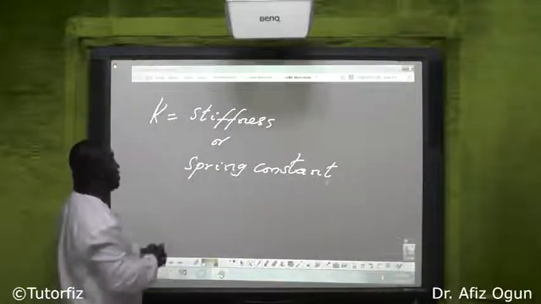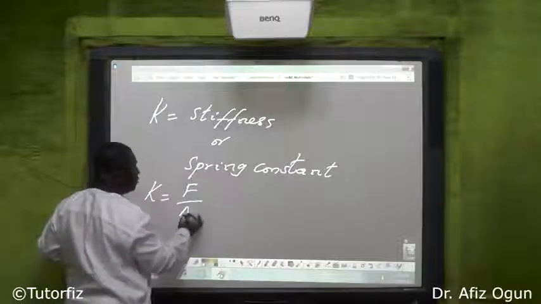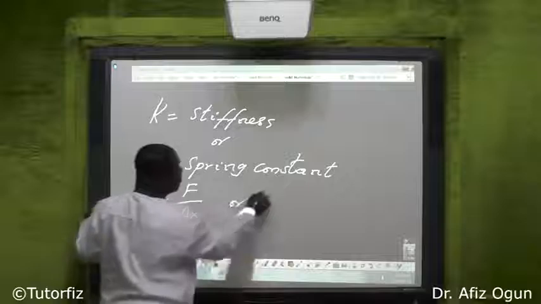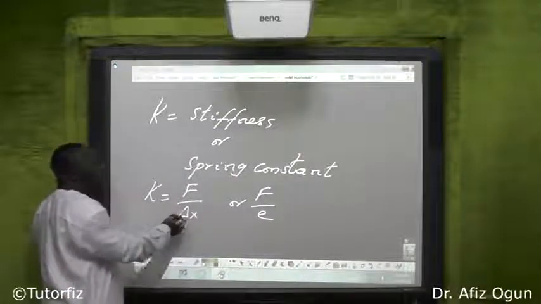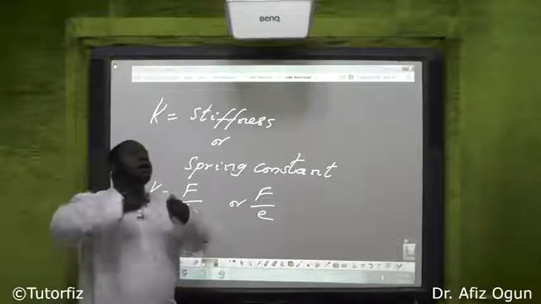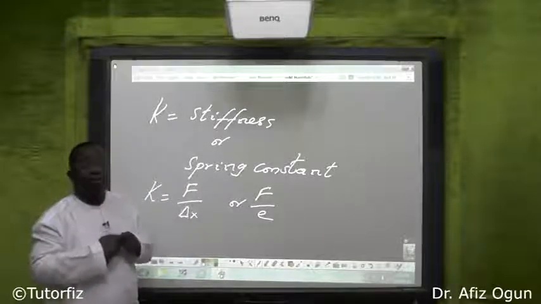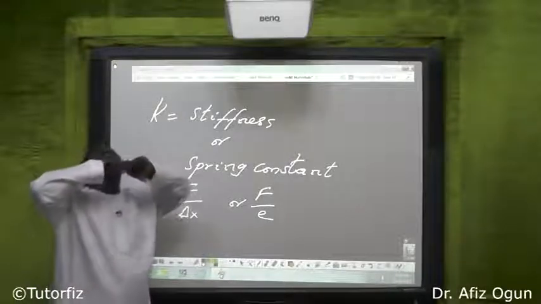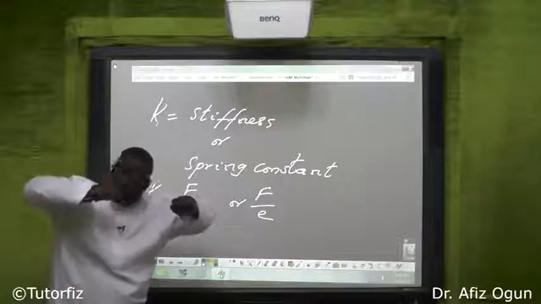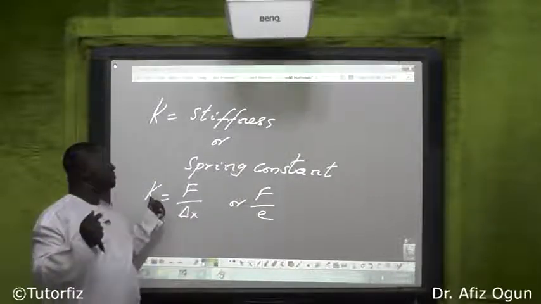What we are saying now is that since K equals F divided by extension, delta X or E, if I have a spring that is so tough, so difficult to pull apart and change the shape, that means I apply a very large amount of force, but it extends just a little. That means it is very stiff.